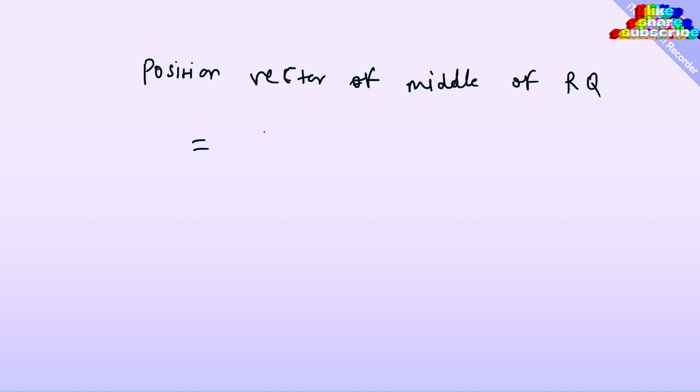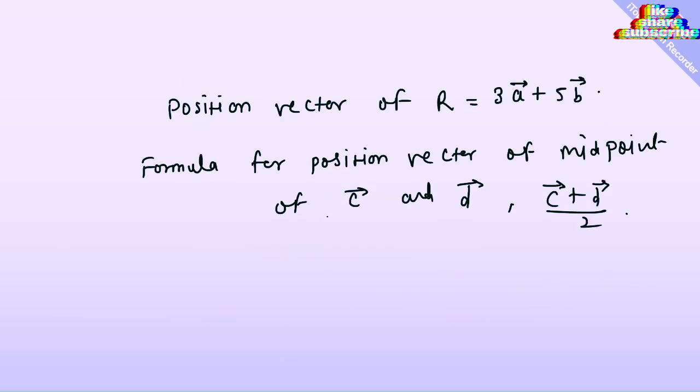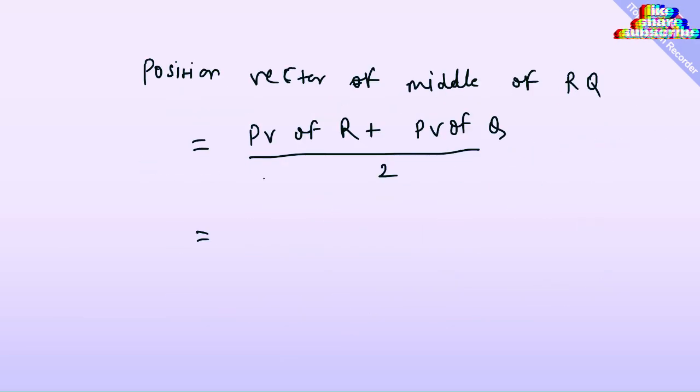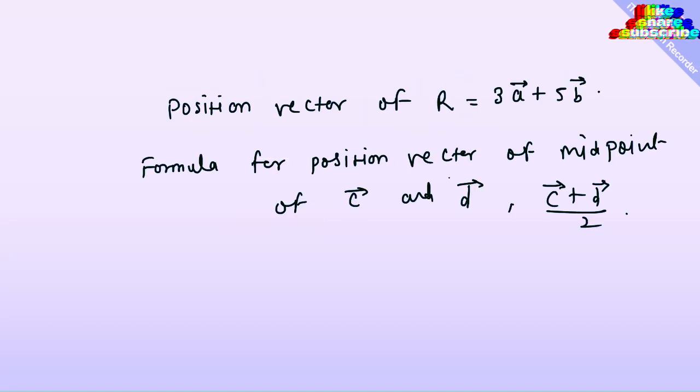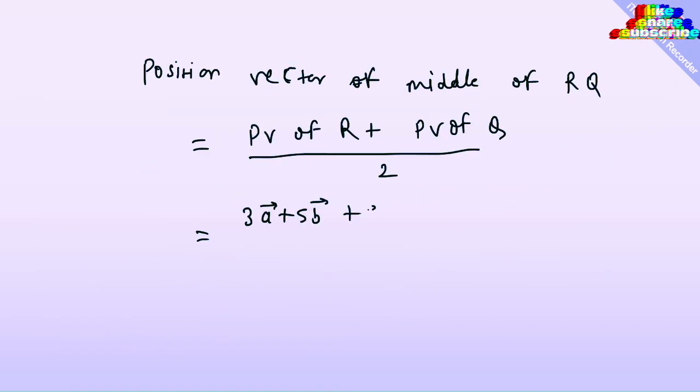The position vector of the midpoint of RQ is given by position vector of R plus position vector of Q over 2. We have obtained the position vector of R as 3A plus 5B, so this is 3A plus 5B vector plus the position vector of Q, which is A minus 3B vector, over 2.